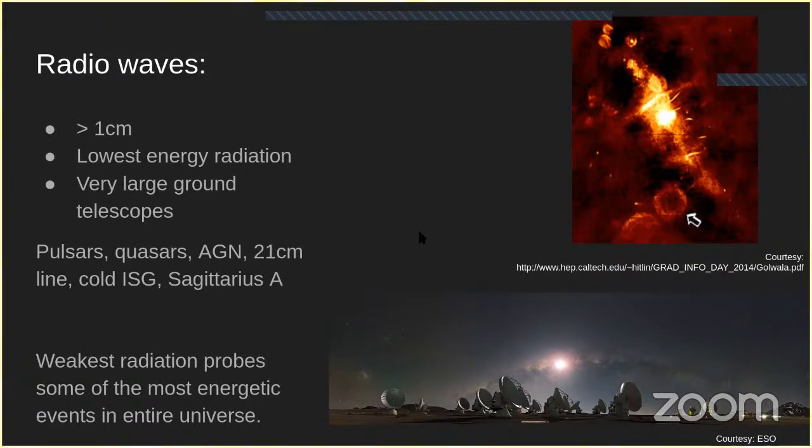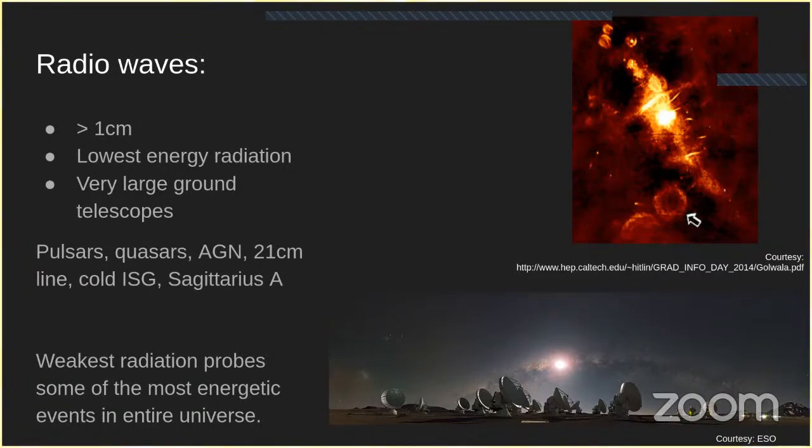This radiation is especially important because it is emitted from sources like pulsars, which are nothing but neutron stars with a jet coming out from them, and AGNs, active galactic nuclei, the black holes in the centers of galaxies. Also Sagittarius A, the supermassive black hole in the center of the Milky Way.